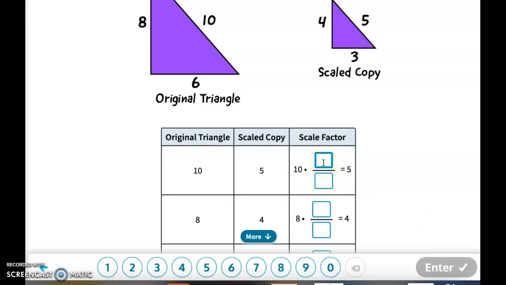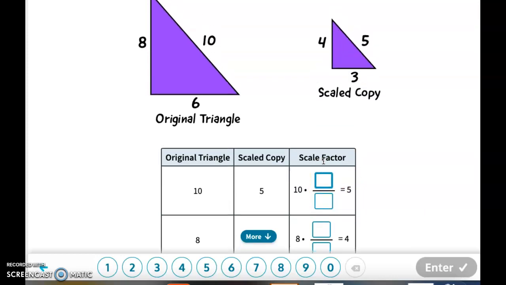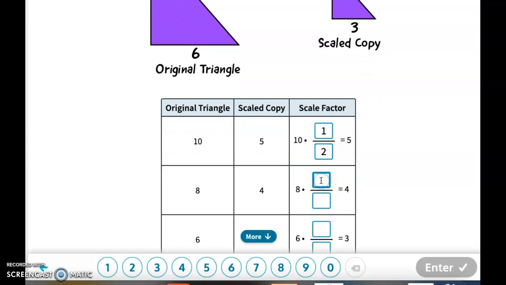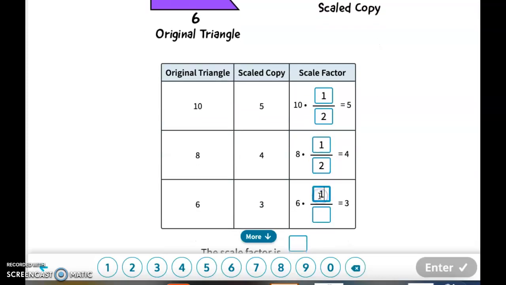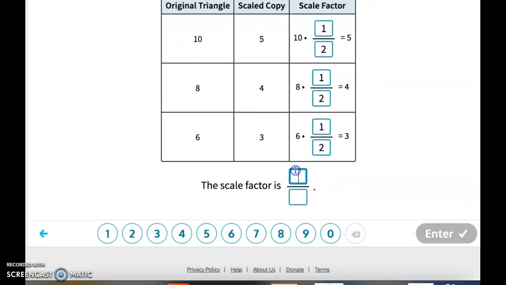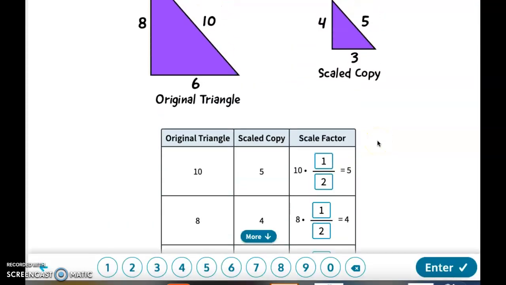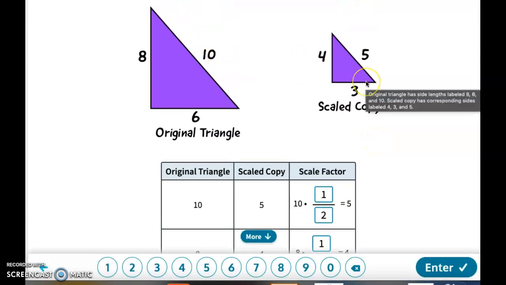The scale factor is going to be 5 over 10, but that would simplify to 1 over 2. Reducing fractions is great. And of course, it would be the same all the way through. So our scale factor is 1/2 because this is half the size down.